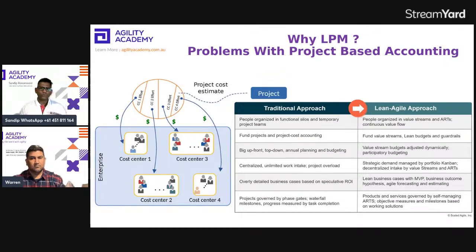These are the challenges faced by project-based accounting, where people are moved to the project rather than the work being moved to the team. That exact problem is addressed in a lean agile approach, where you have people, teams of teams, organized around value, and then you fund that value stream, fund those teams of teams, and then decide what scope needs to be worked on by them.